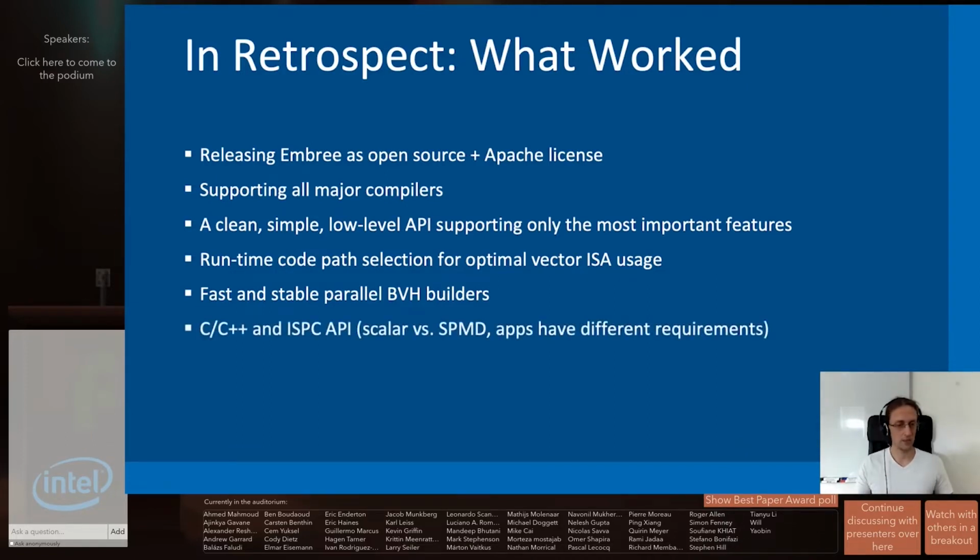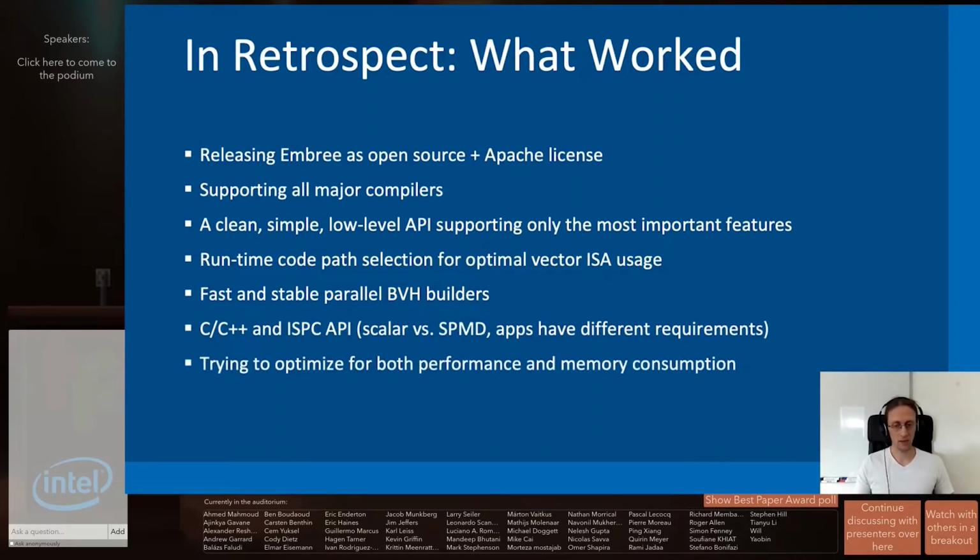As I mentioned before, the two APIs for the different end user communities. And trying to optimize at the same time for both performance and memory consumption. Don't introduce a lot of performance regression when you introduce new features. I think this was also very important.